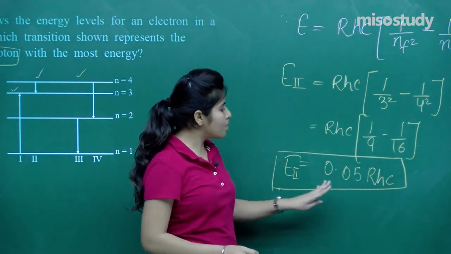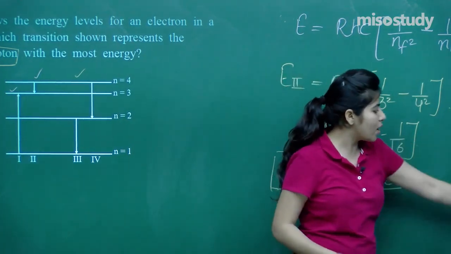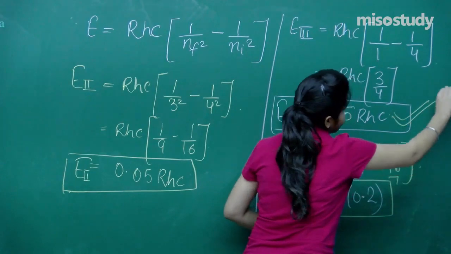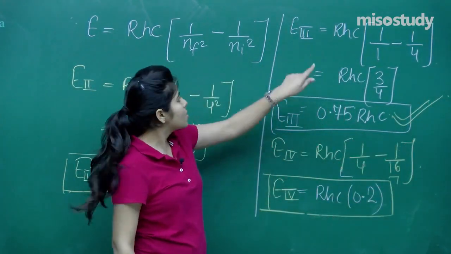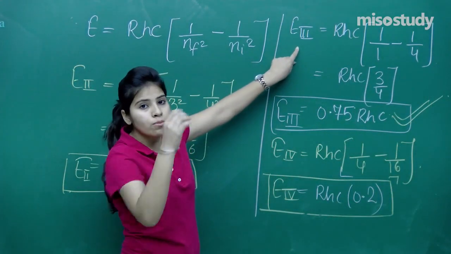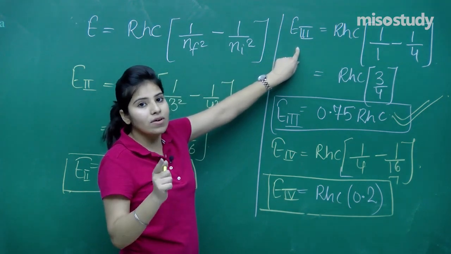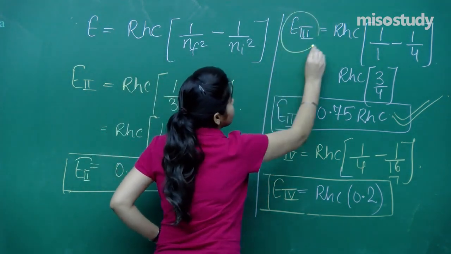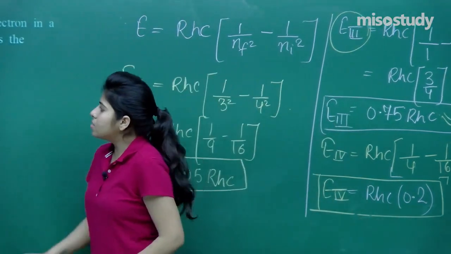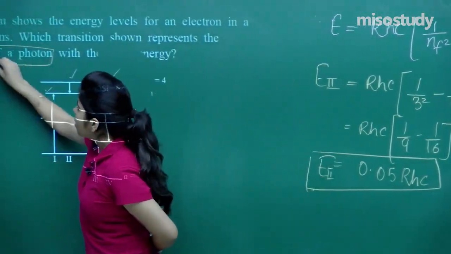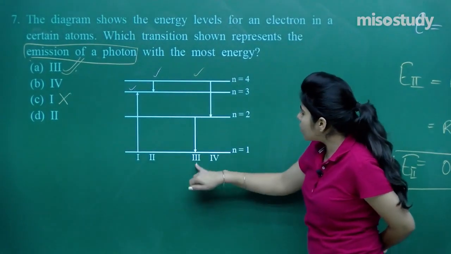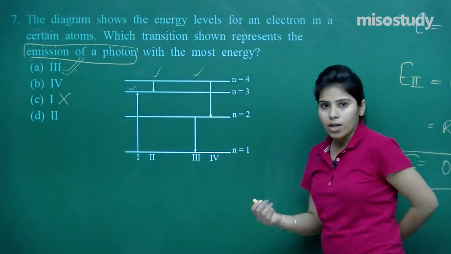Now among the values 0.05, 0.75 and 0.2, 0.75 is the maximum energy. That means the transition from 2 to 1 will give us the maximum energy, and this is the third one. So this will be the correct answer for this question. The third one, coming from 2 to 1.